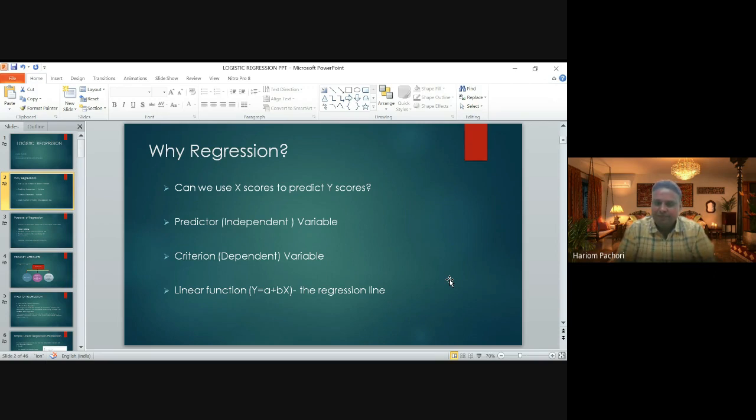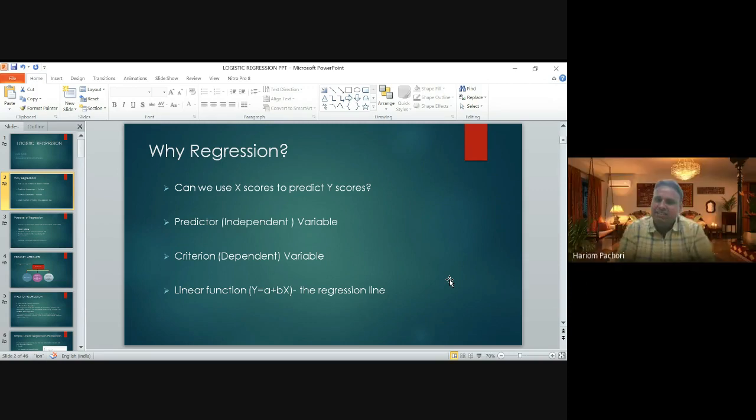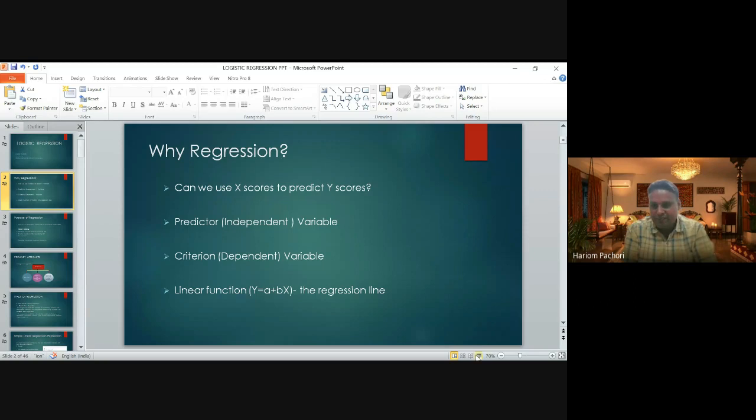Special cases in the sense that in linear regression, the independent and dependent variables are both continuous. Does logistic regression follow the same thing, or is it different? The dependent variable is not continuous. Yeah, very good. Okay, thank you.